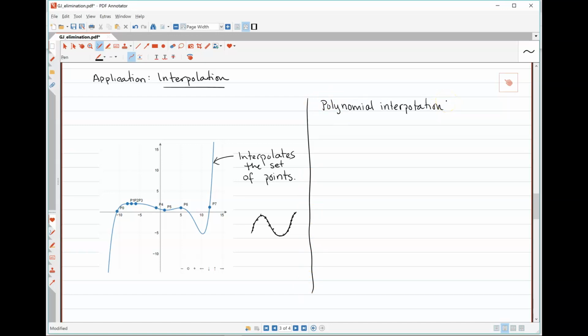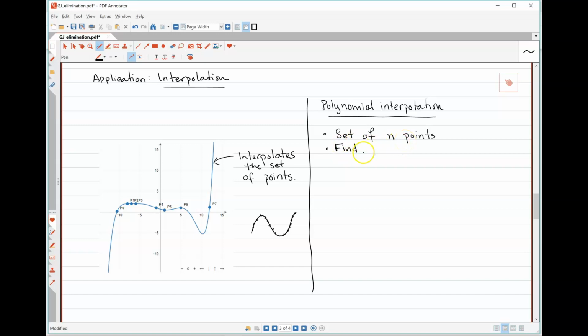Polynomial interpolation starts with a set of n points. You know how 2 points determine a line, 3 points in 2 dimensions will determine a parabola, 4 points will determine a cubic polynomial, and n points will determine an n-1 degree polynomial.